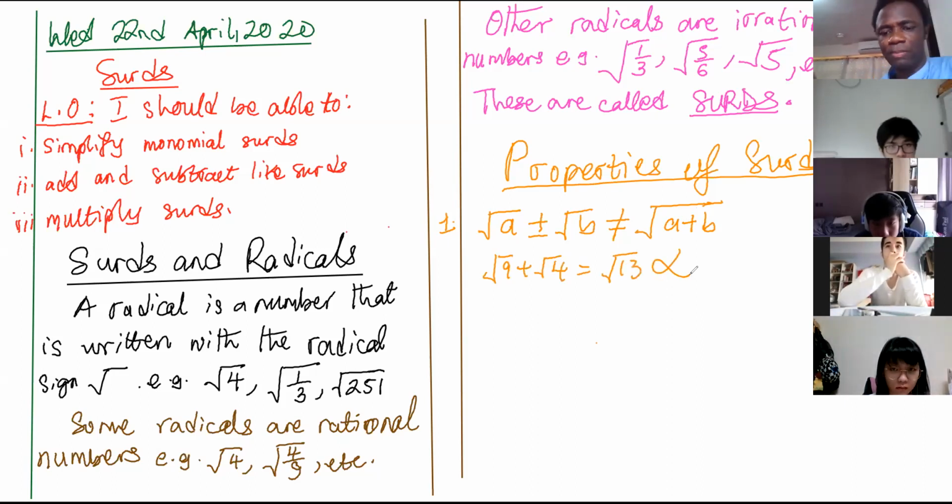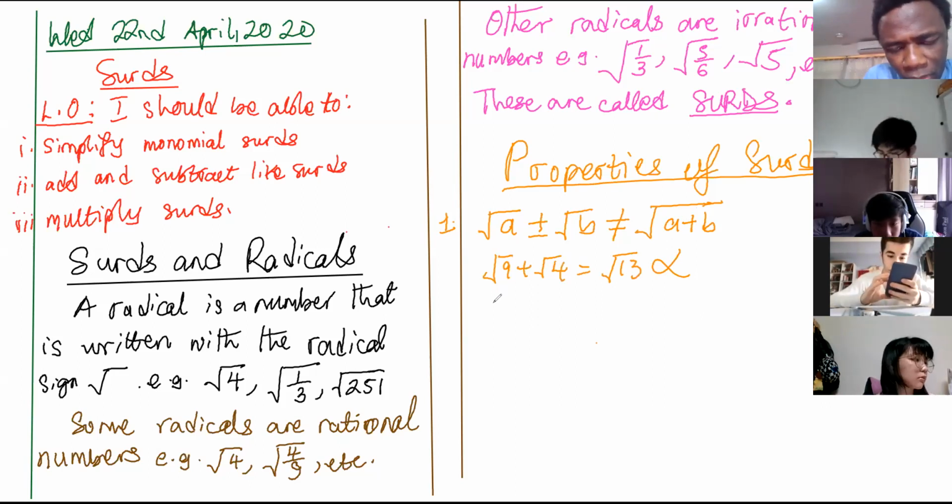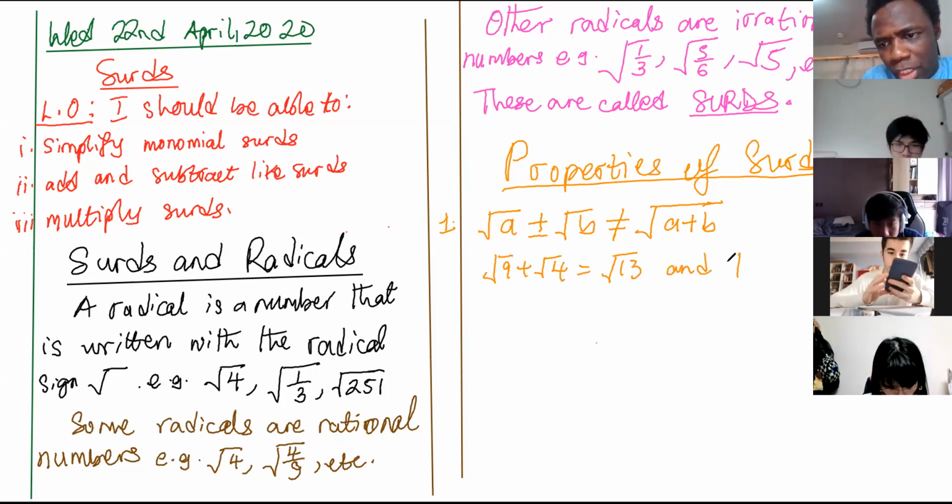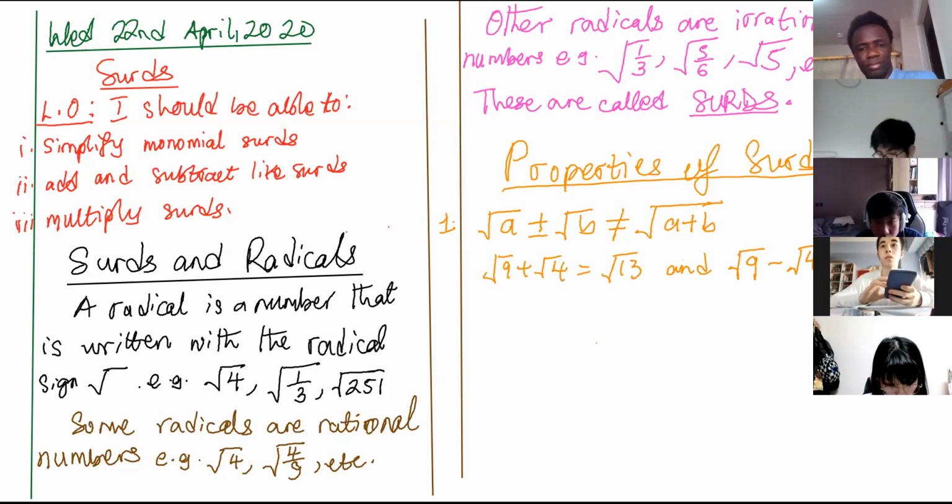This is wrong. Can you check this in your calculator, everybody? Also, check if the square root of 9 minus the square root of 4 will give you the square root of 5.